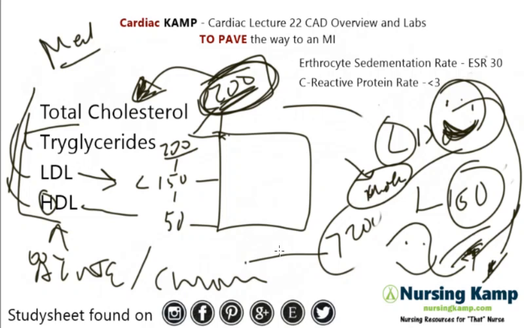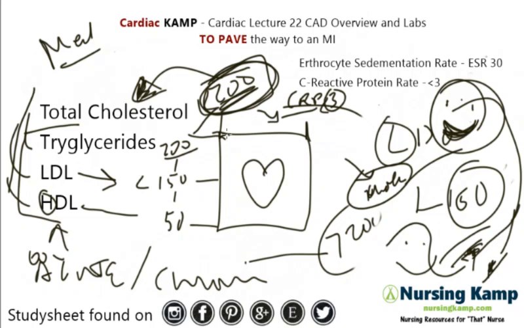So we have a cardiac diagram with total cholesterol. The other one is your CRP, 3, and we want this less than 3 because above that shows there's inflammation.